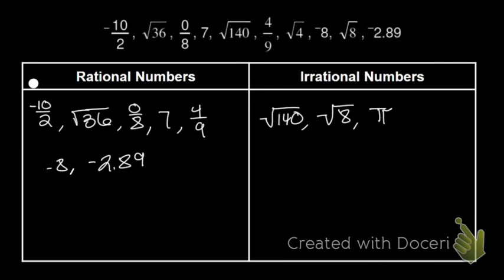Pi is a number that never stops and never repeats. Another number that I can think of as being irrational is the square root of 2.